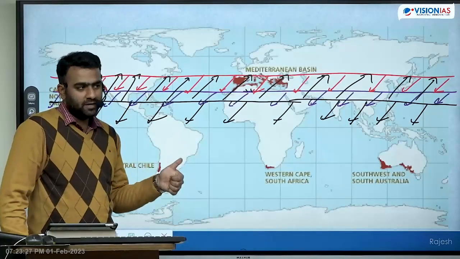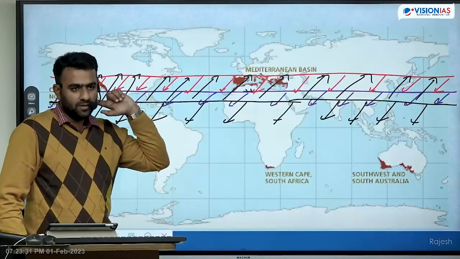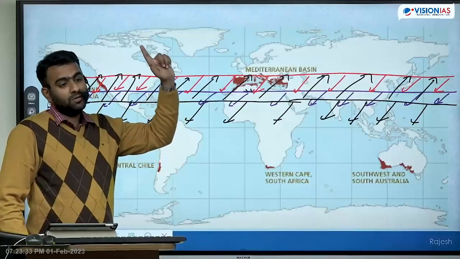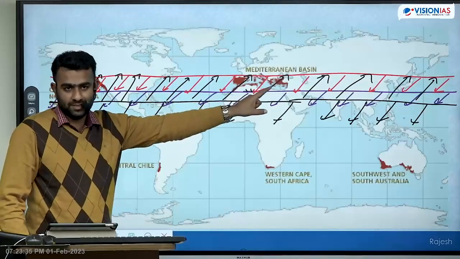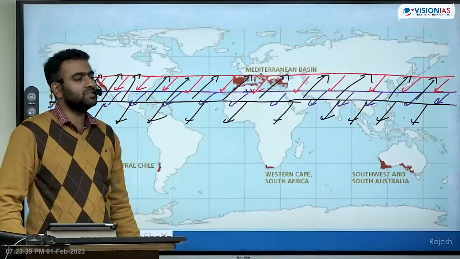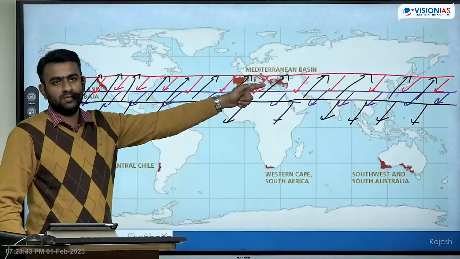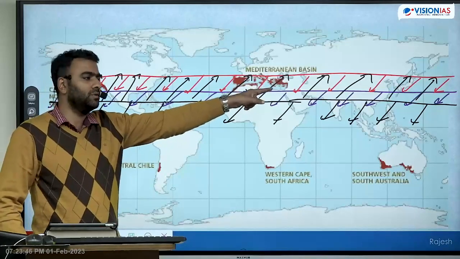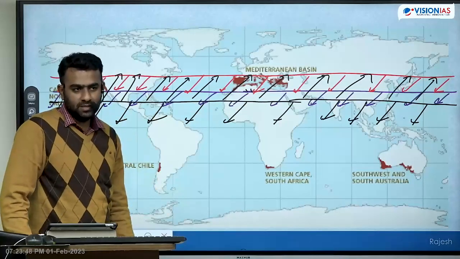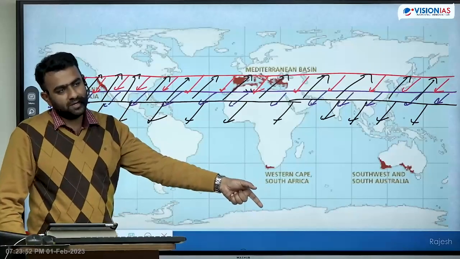Mediterranean climate remains totally dry during summer because it is under the influence of offshore trade winds. During the winters, they receive precipitation because they are under the influence of onshore westerlies. That is what we call it as Mediterranean type of climate.